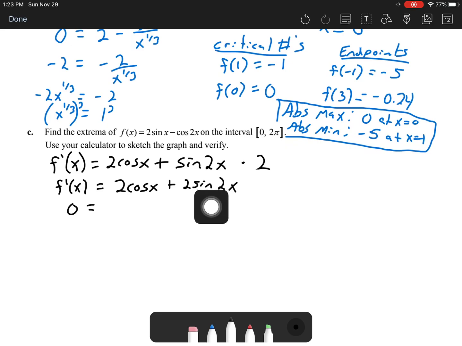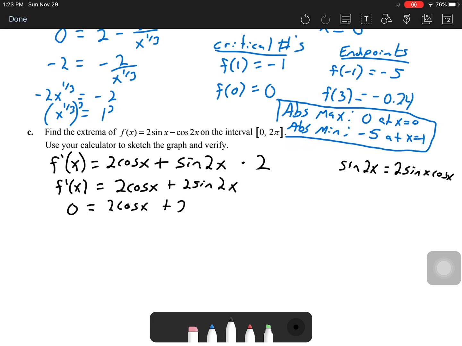There's a formula or a property called the double angle formula, if you recall those from trig. And what that stated was sine of 2 theta, or sine of 2x, is equal to 2 sine x cosine x. And we're going to need that for solving in this case. So we've got 2 cosine x plus 2, and then it'll be 2 sine x cosine x.